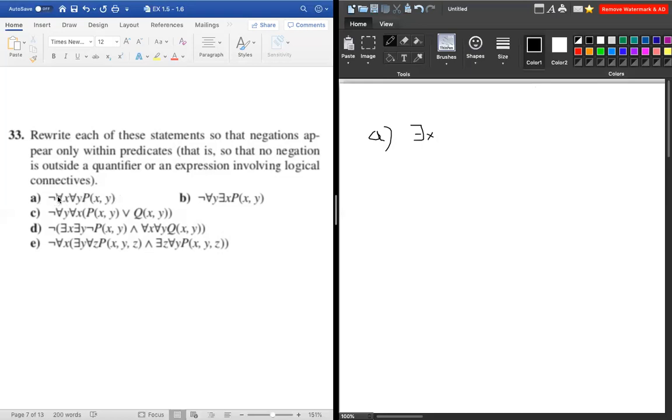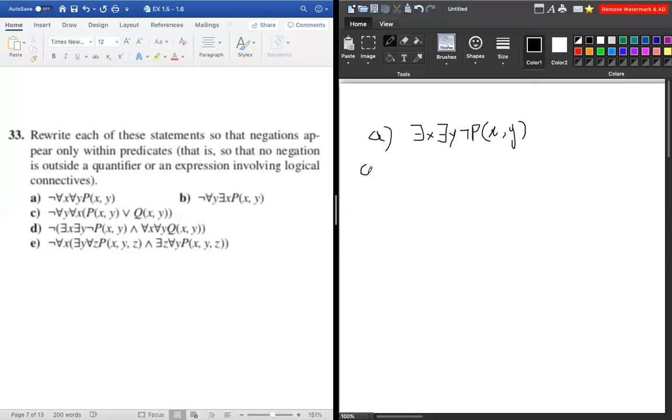So this for all X, when negated, becomes there exists X. Then this negation, and this for all Y becomes there exists Y. And then we have this negation that gets applied to the predicate P of X and Y. Cool. Pretty easy there.